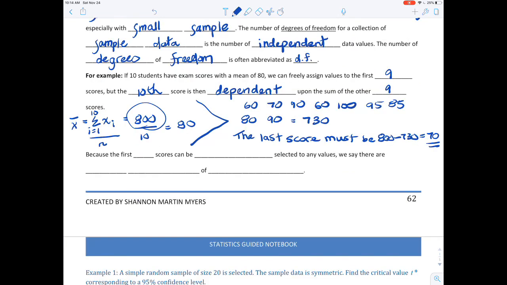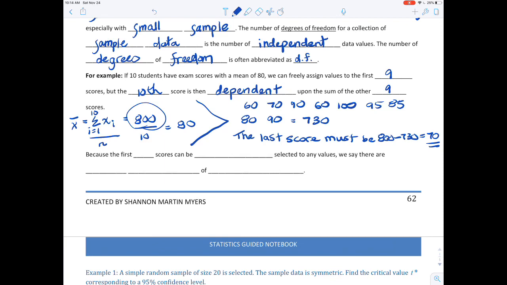So just remember that every time you use S instead of sigma, when you're dealing with an inference about a mean or more than one mean, you have to take away 1 for each time you use S. So here we have 1 sample, so we're only estimating 1 standard deviation using the sample data.